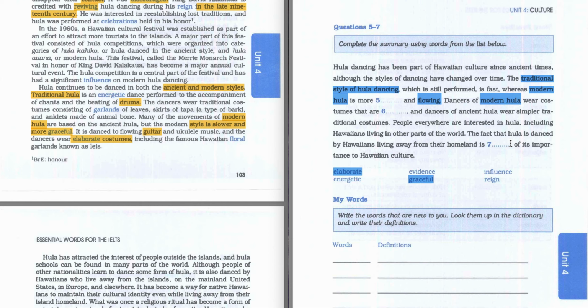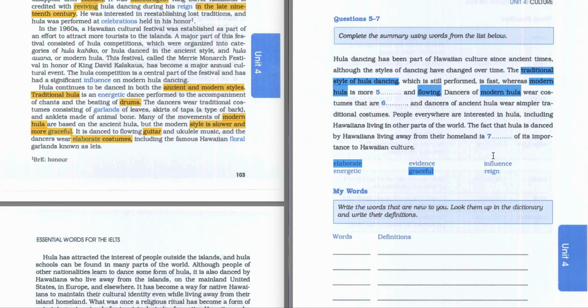Sometimes we have to pay attention to whether it's going to be a verb or noun, and work on our logic to find the word which is more suitable for the sentence's missing word. So, living away from their homeland, and there's the importance of it to the culture. Let's highlight the word importance.